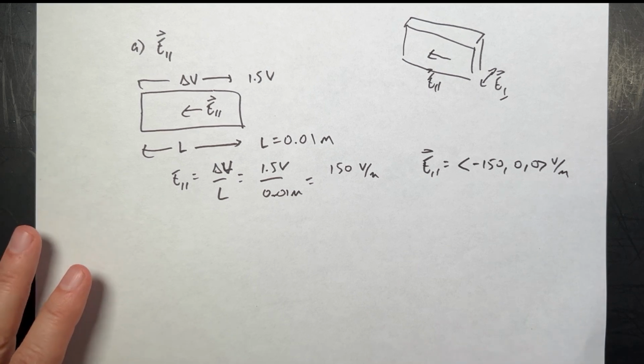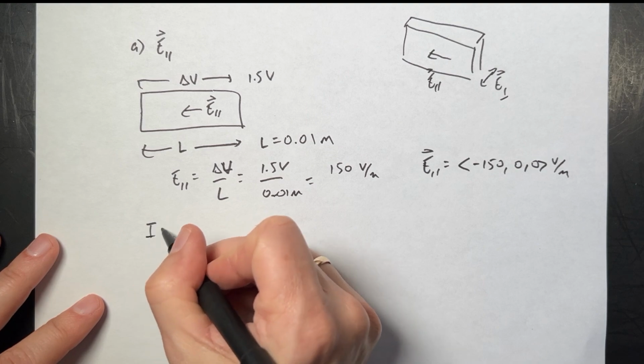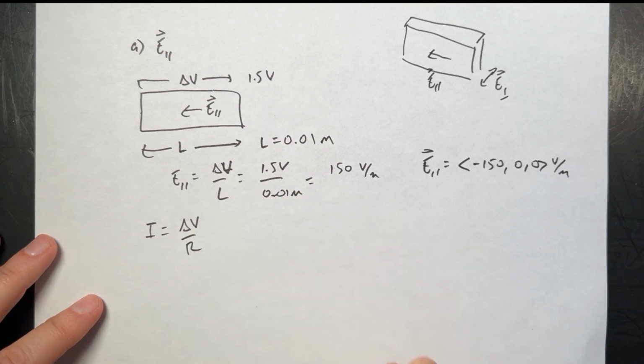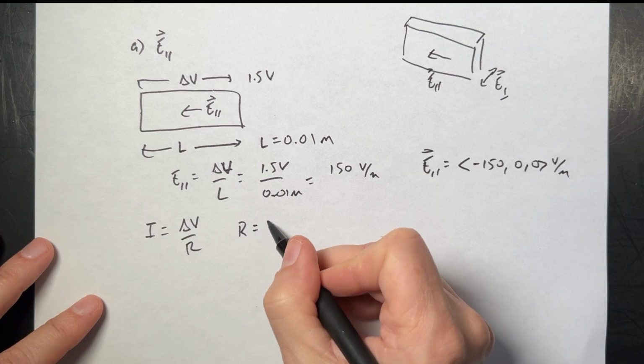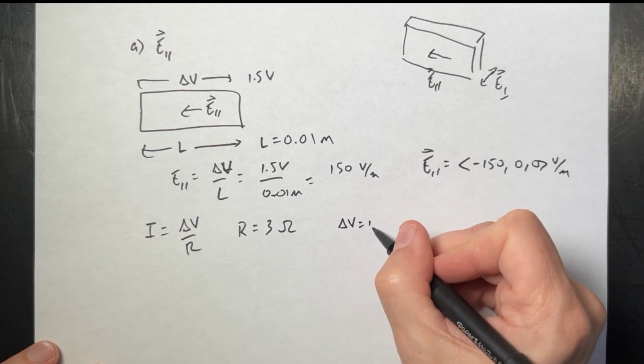Wasn't that fun? Now, the other way, you could say I equals delta V over R. That's Ohm's law. And then I know R is equal to 3 ohms. Delta V is 1.5.